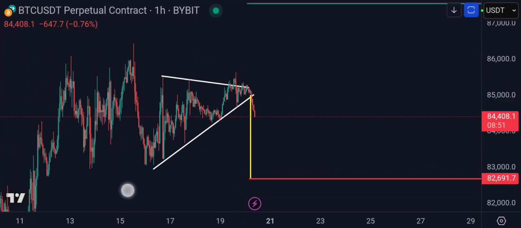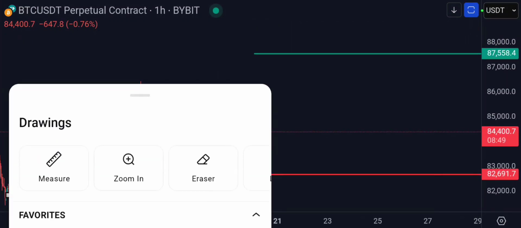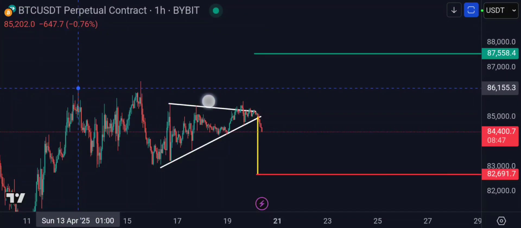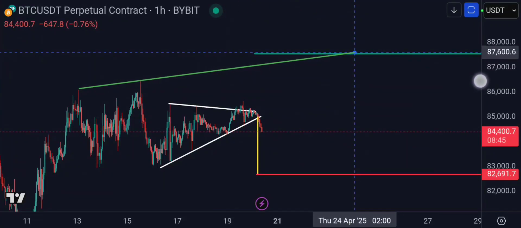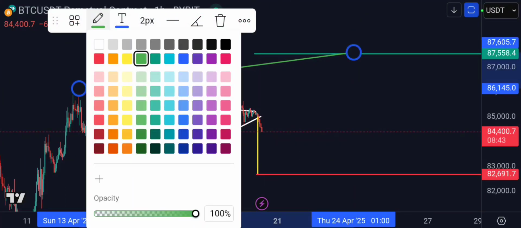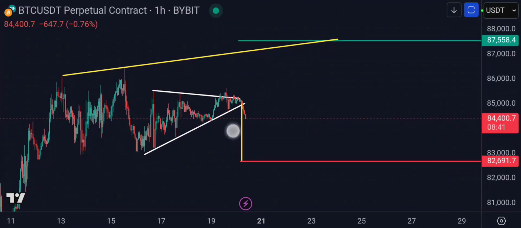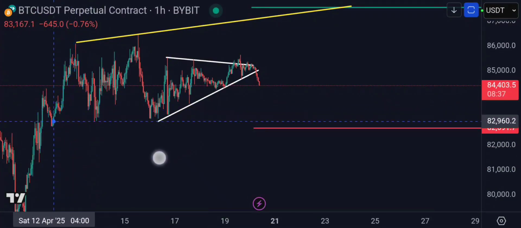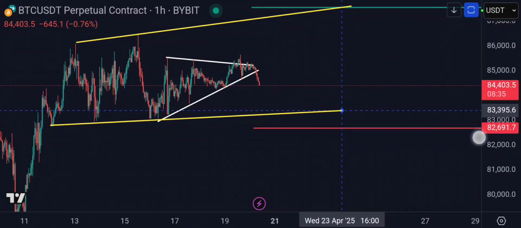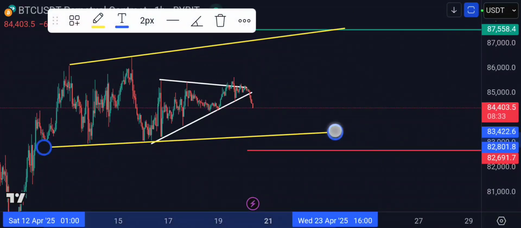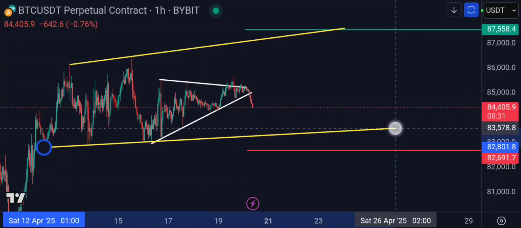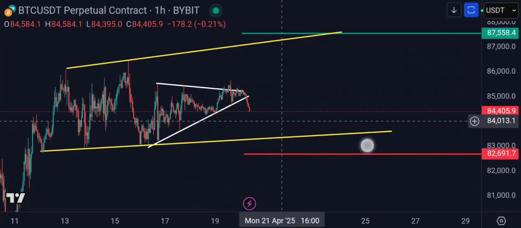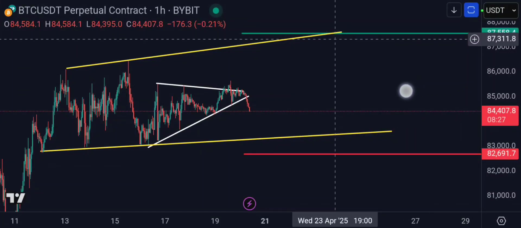Now looking into a much broader scenario, we have the price of Bitcoin forming this channel formation right about here, 1, 2, 3, this also right about here. In looking at that, our target for a symmetrical triangle on the buy side is somewhere around this zone.